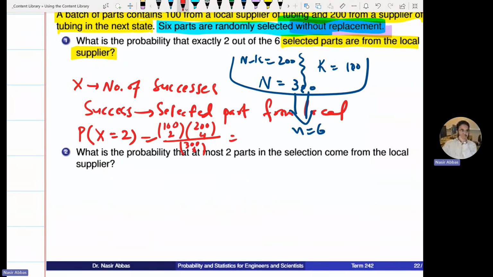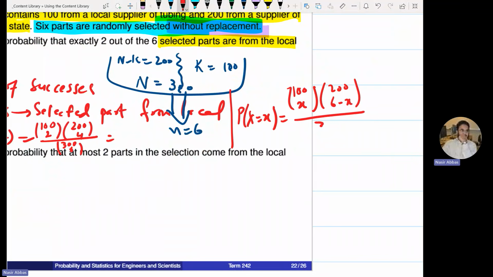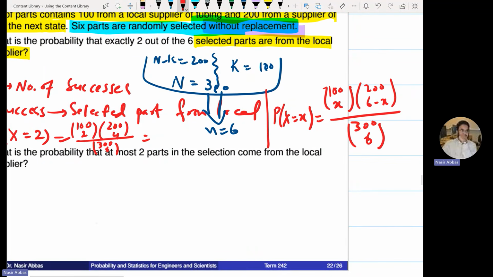Read the second question. Let me write the mass function here: 100 combination x, 200 combination 6 minus x, over 300 combination 6. Just plug in and get the answer.